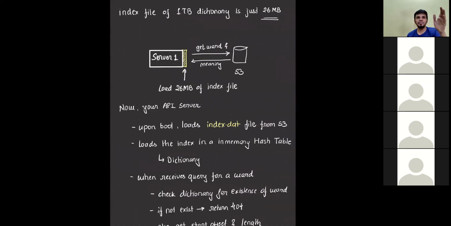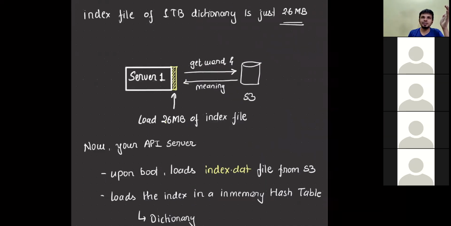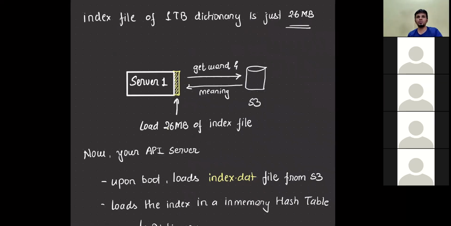Now this 2.6 MB is something that you can just store locally. Instead of having 1 terabyte of storage, it's 2.6, not 26, it's 2.6 MB. So you can just load the 2.6 MB index file in memory.